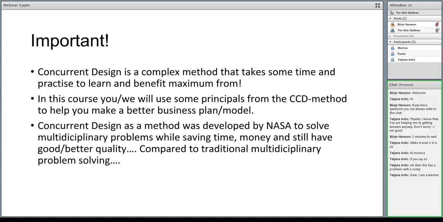Concurrent design was originally developed by NASA to solve multidisciplinary problems while saving time, money, and still having good quality.